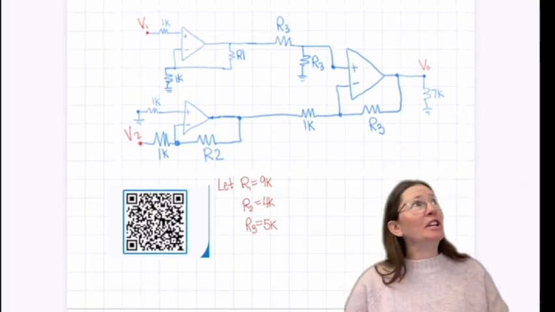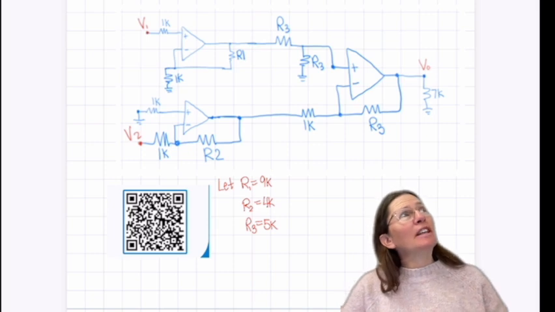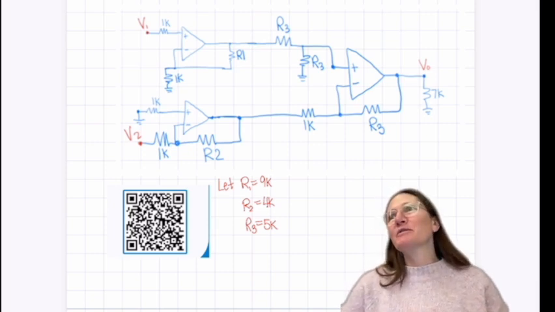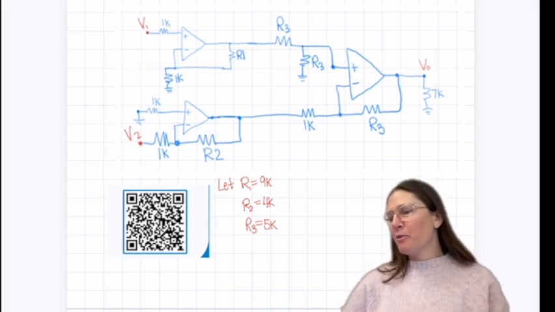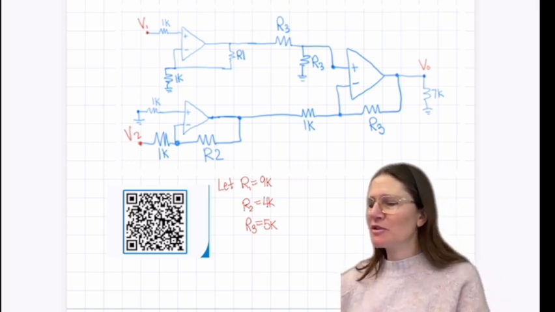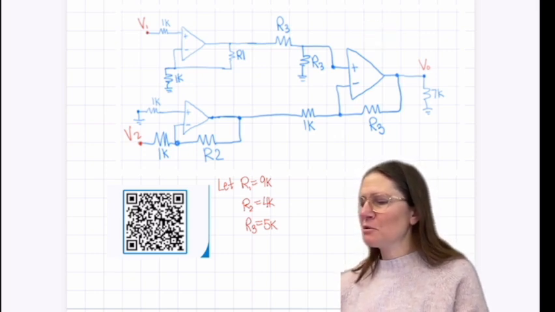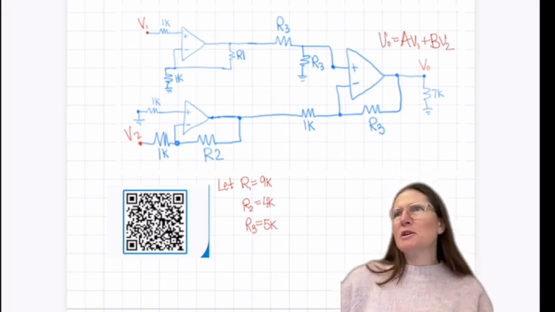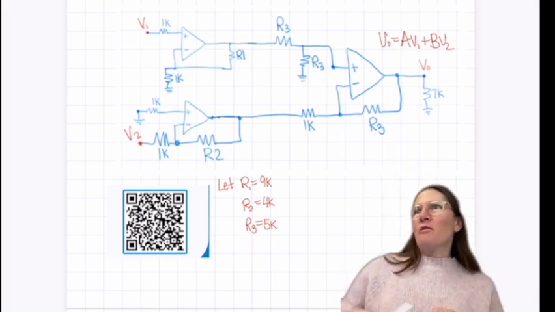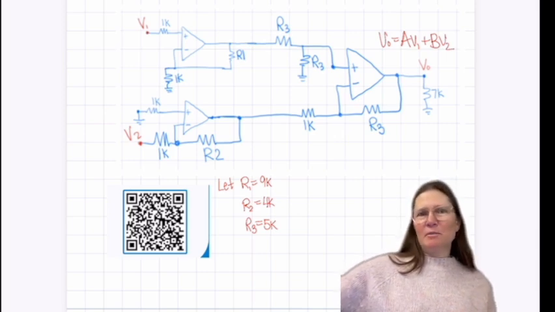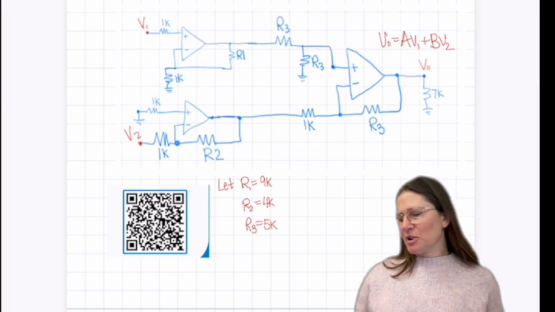All right, so this circuit, we want to find the output expression for V out. V out will be an expression such as VO is equal to A times V1 plus B times V2. So finding A and B. Go ahead and work on this for a minute and see if you can get that expression.